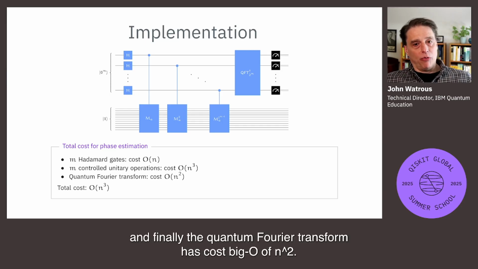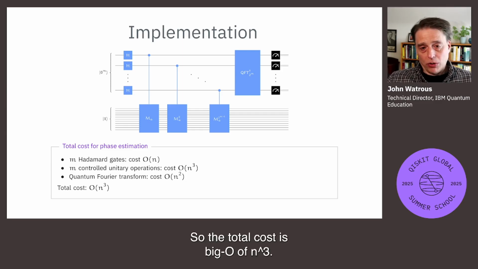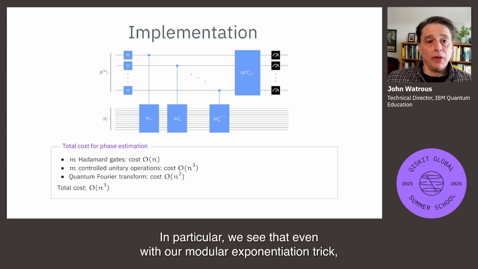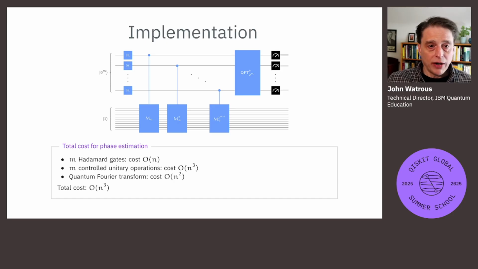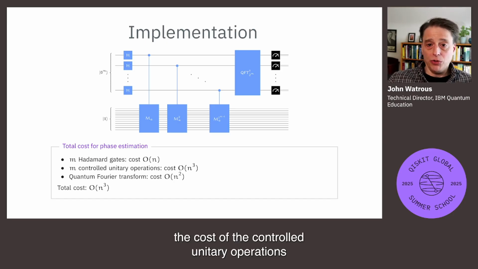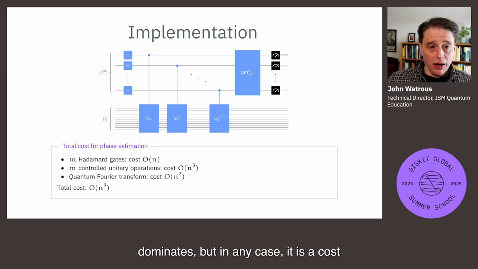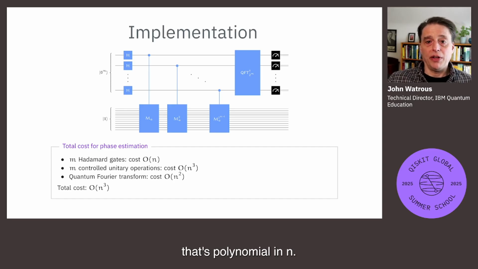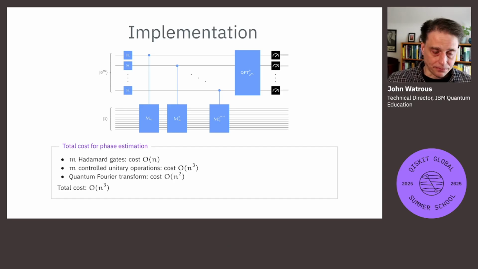And finally, the quantum Fourier transform has cost big O of little n squared. So the total cost is big O of little n cubed. In particular, we see that even with our modular exponentiation trick, the cost of the controlled unitary operations dominates. But in any case, it is a cost that's polynomial in little n.